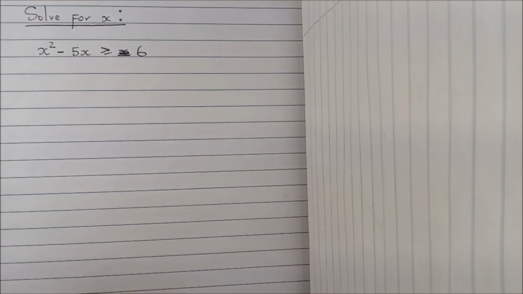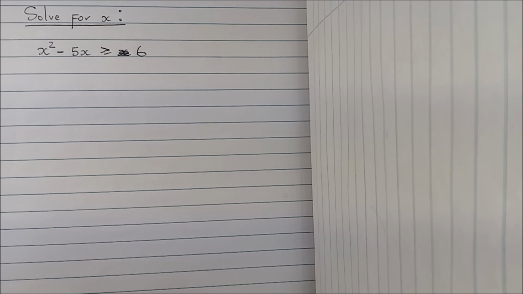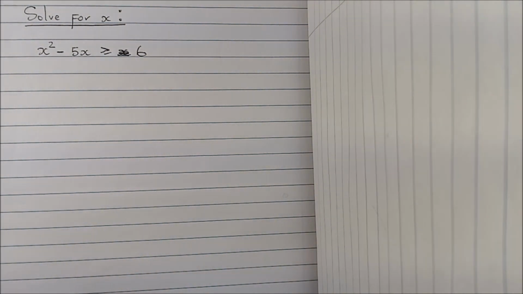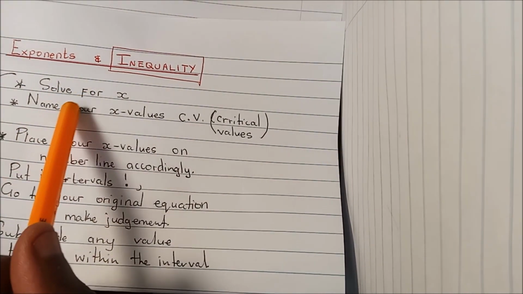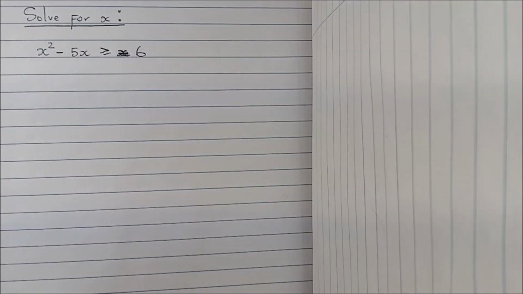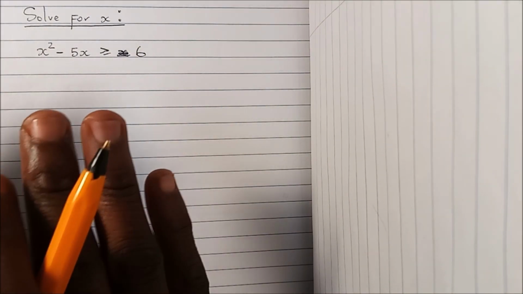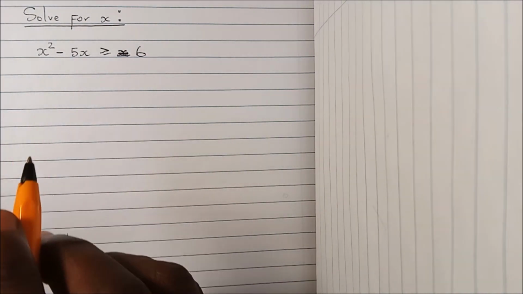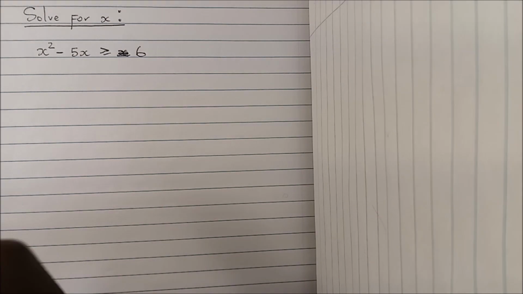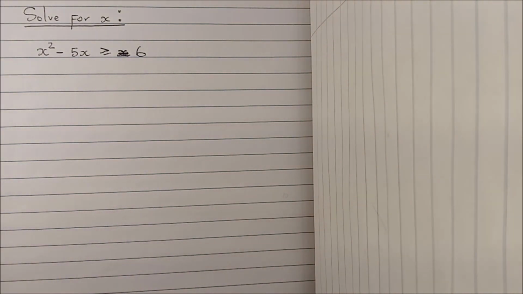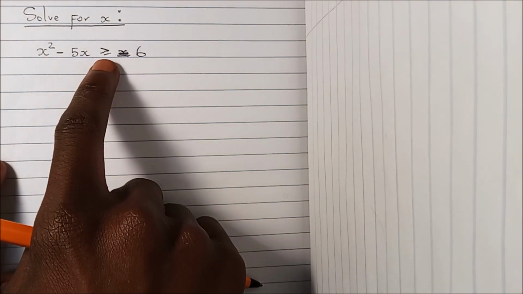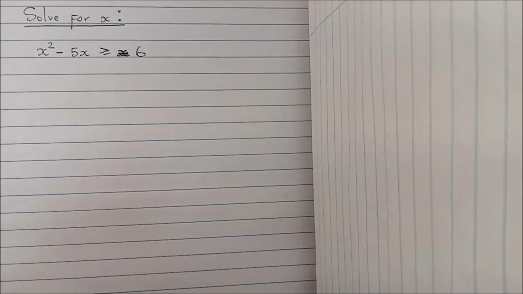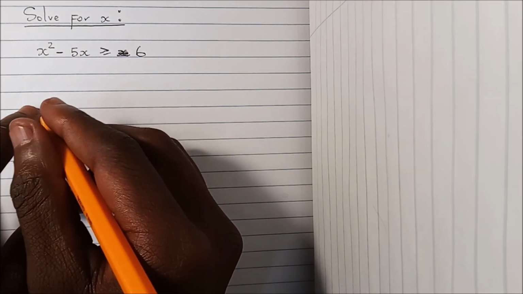So what is this all about? The first point said solve for x. So we're going to solve for x, but we are not going to include the inequality sign, we just solve for x as if it was an equal sign. So let's go ahead and do that.